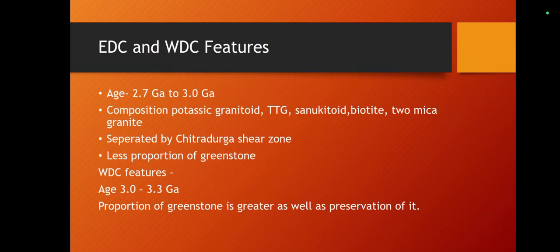So let me read it out for you. Basically, the Eastern Dharwar Craton is older than the Western Dharwar Craton, and its composition is potassic granitoid, TTG, biotite, two mica granite, and it has a lesser proportion of greenstone than the Western Dharwar Craton.